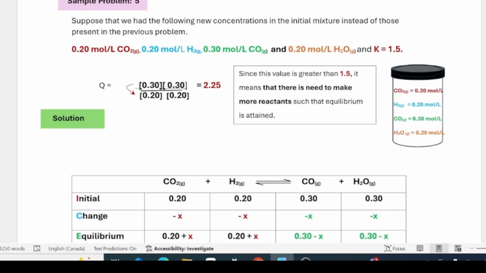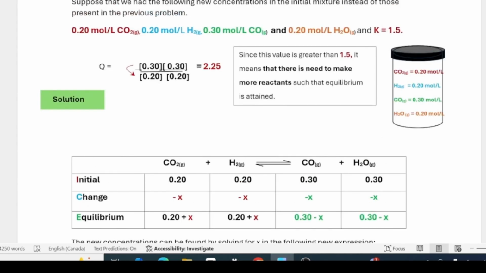We have a similar type of problem that involves starting with both reactants and products. But in this case, now we're told that the equilibrium constant for this reaction here is 1.5. Of course, it's the same reaction that we had in the previous example, with carbon dioxide reacting with hydrogen to give you carbon monoxide and water. Same thing we'll do.